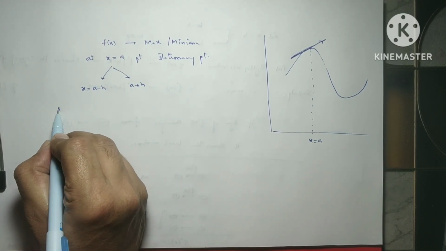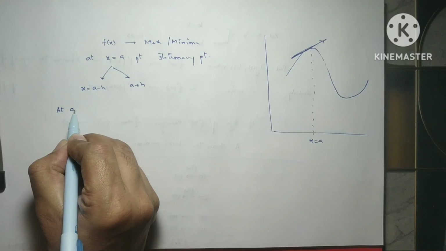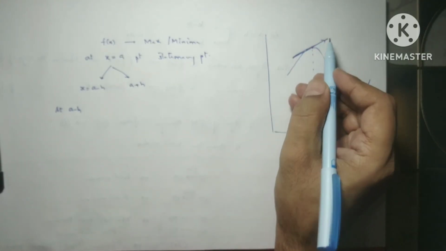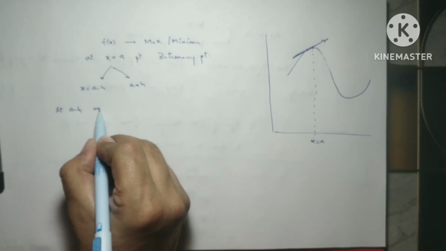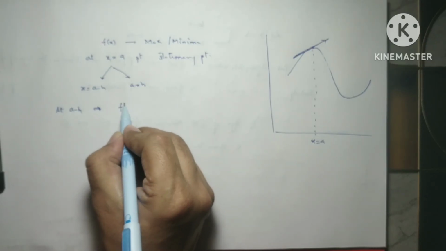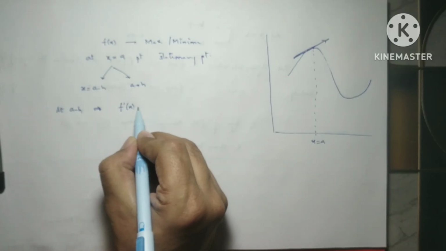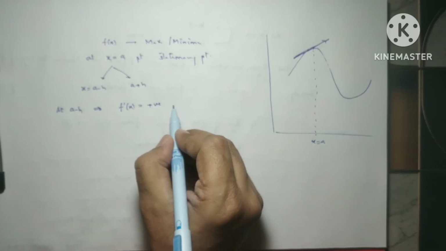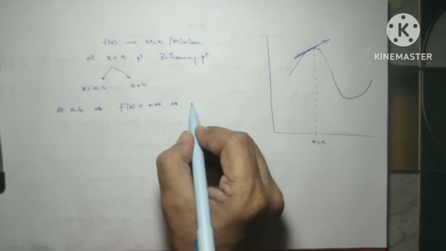So at a minus h, if we draw a tangent and f dash x shows a positive sign, that means the function is increasing.